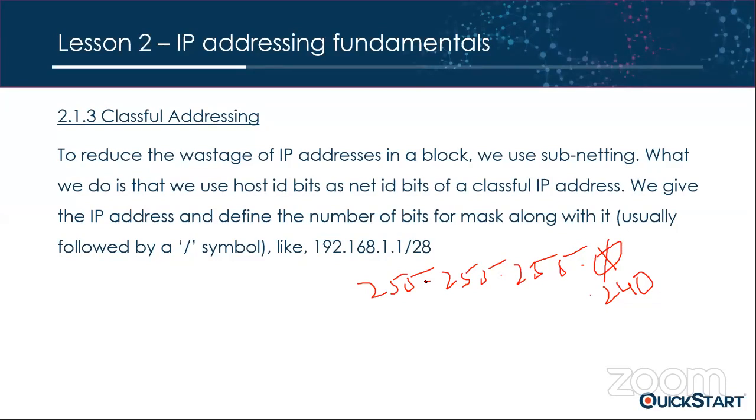ISPs give you these kinds of CIDRs for the network, such as 10.102.4.3, 7 or 8, with a slash of 29 or something. So they give you the IP.